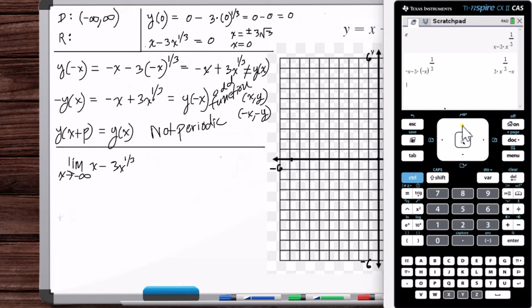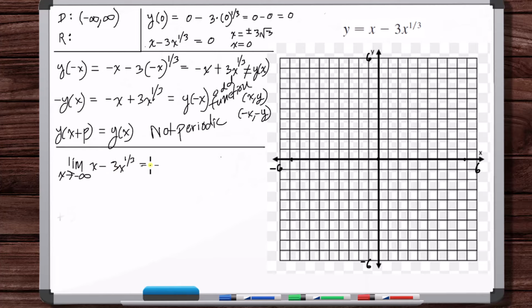So let's just come here and say the limit as x approaches negative infinity of the function is equal to negative infinity.